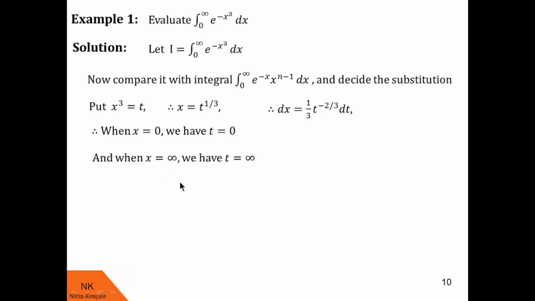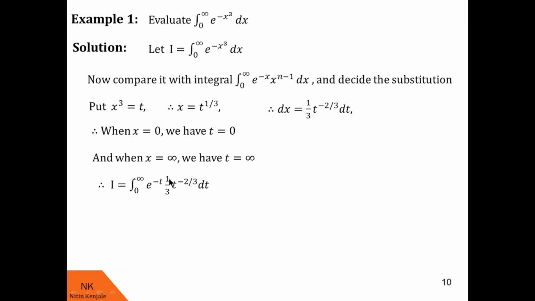Now we are all set to transform this integral from variable x to variable t. After transformation, I will look like the integral from 0 to infinity. e raised to minus x cube will become e raised to minus t, and dx we have already found in terms of t as 1 by 3 into t raised to minus 2 by 3 dt.